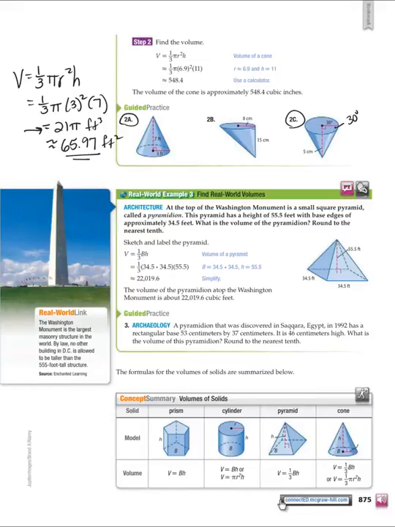So if I look at 2c, again, the volume is 1/3 pi r squared h. Let's see what we know and what we need to find. We don't know the radius. The height is given to be 5. So we've got to find the radius. Since I have a 30, 60, 90 here, it looks like my short leg is 30 degrees.